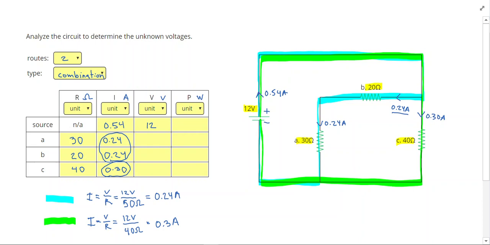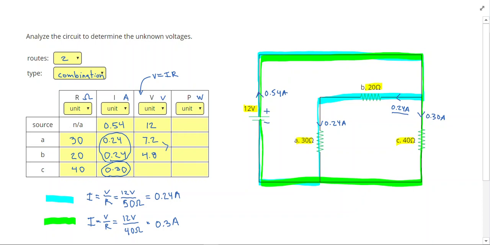Alright, next I can figure out the voltage by applying Ohm's law to the individual resistors. So first I did it to the routes, but now to the individual resistors. So I know the currents, I know the resistances, I can just use V equals I times R. So if I do 30 times 0.24, I get 7.2 volts for A, and 20 times 0.24 I get 4.8 volts for B. By the way, on one route, they should always add up to the total voltage.